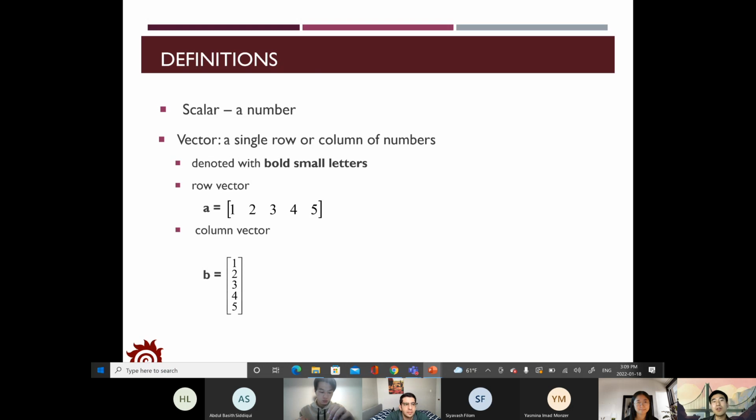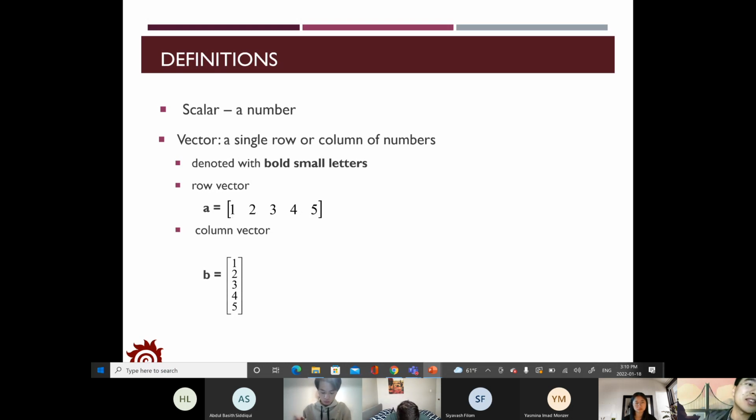But if you have a set of variables, say that you have an array of a variable with multiple values, that one could be defined as a vector. And here we will have two examples. For the little a, it's a vector with 5 values: 1, 2, 3, 4, 5.